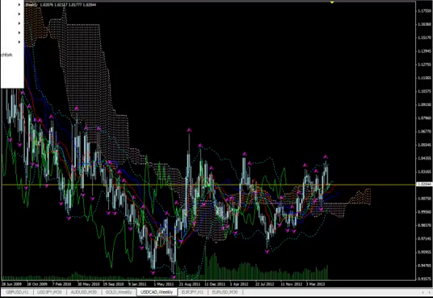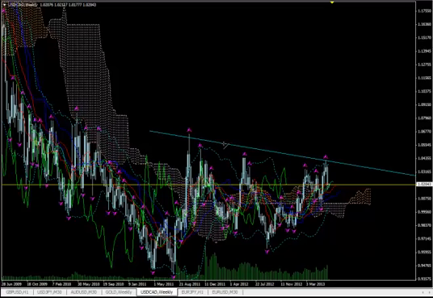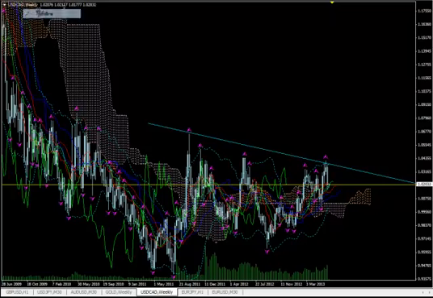We can place some trend lines here and actually give a shape to this consolidation, which will help us visualize it better. This is not perfect, but anyway, you get the picture.